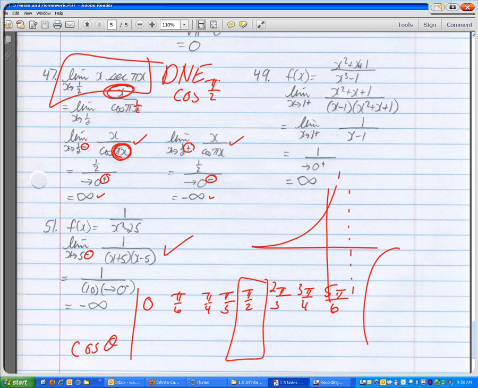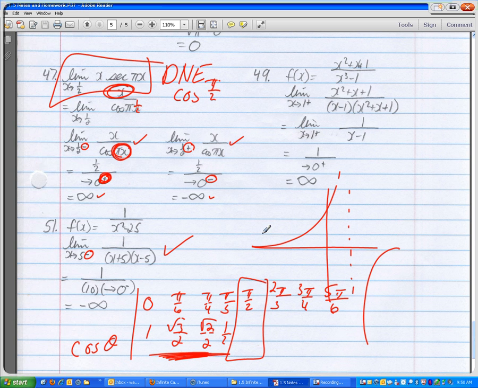So look, as I approach pi over 2 from the left of pi over 2, I've got positive numbers. I've got 1, I've got square root of 3 over 2, I've got square root of 2 over 2, I've got 1/2. So that's how I know that when I approach from the left, it's positive because all those are positives.